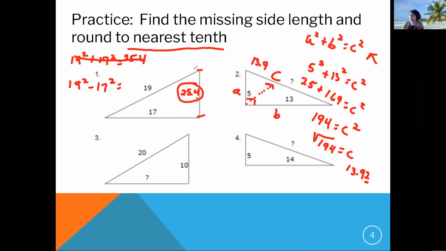And I'm taking the square root. Does this make better sense? 8.9. Now look at the picture. Does that size make better sense? Yes.